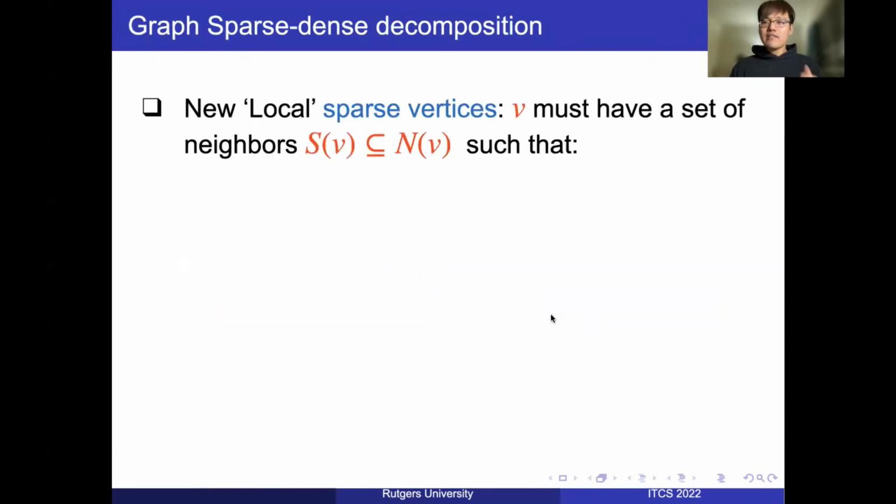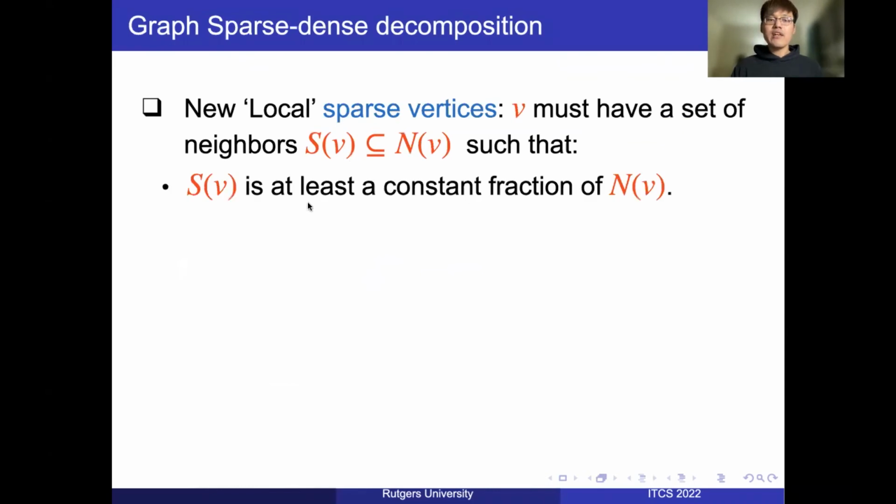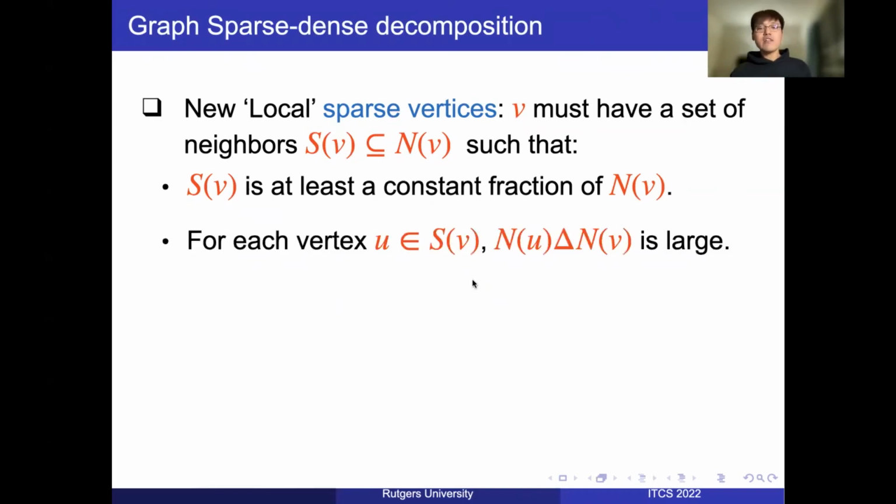And correspondingly, we also have this new notion for local sparse vertices. A vertex v is said to be sparse if it has a subset of neighbors S_v such that, one, this subset has to be large, a constant fraction of its neighborhood. And second, for each vertex u in S_v, the difference of the neighborhood between u and v is large.